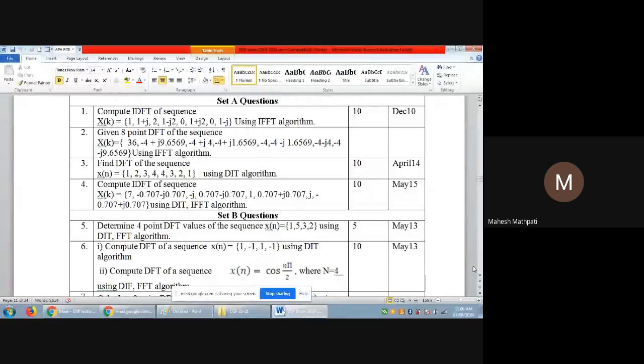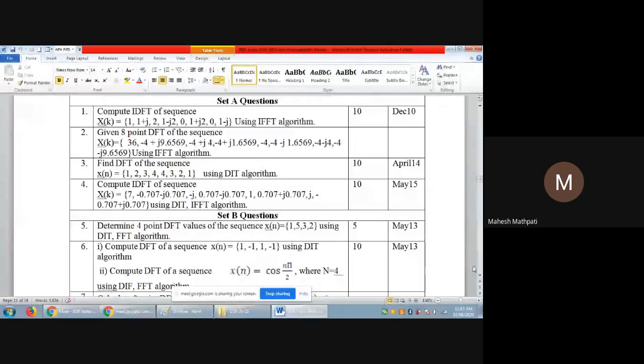Second question, again it is the same as above only. What is the second question?